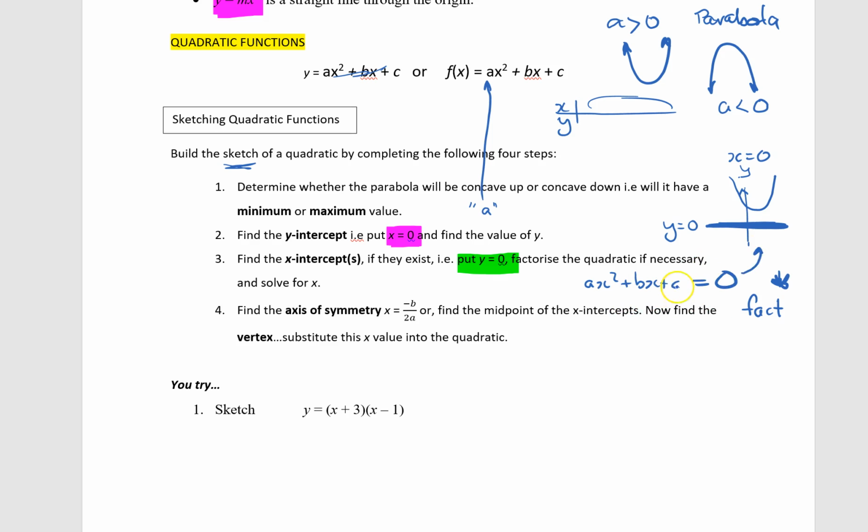Well, if there are x values that will make our quadratic equal to naught, they will be the x-intercepts of the graph. Hopefully you're able to see that the skills we learned back in the previous chapter on factorising, solving a quadratic equal to naught, are now the skills we need in order to graph the quadratic.